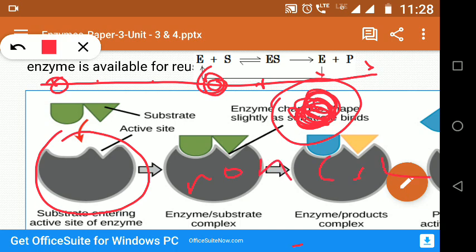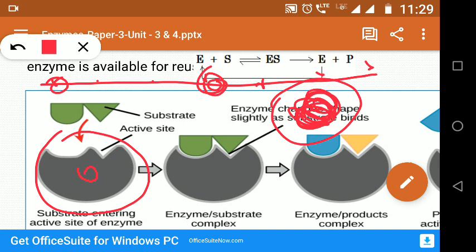Because of those non-covalent interactions, the interactions between amino acids are not rigid. They can be easily broken down and easily reformed. So that is why this enzyme is a dynamic molecule. It can change its shape, it can change its conformation.